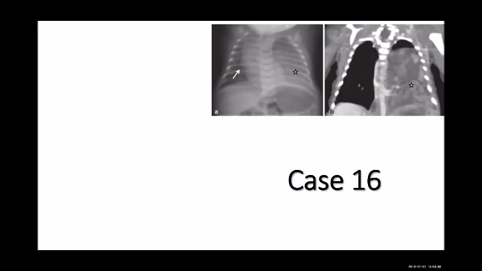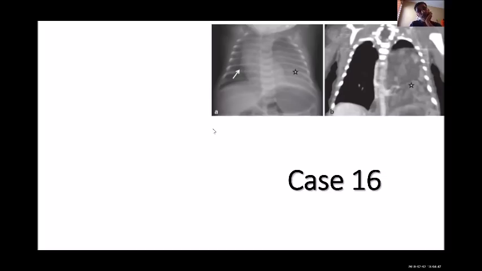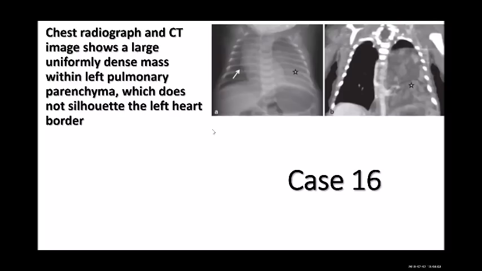But there is a difference in the aeration between left and right. And remember, the baby presents with dry cough. It looks like, okay, somebody's texting me. The shifting of the mediastinum to the right. Correct, yes.